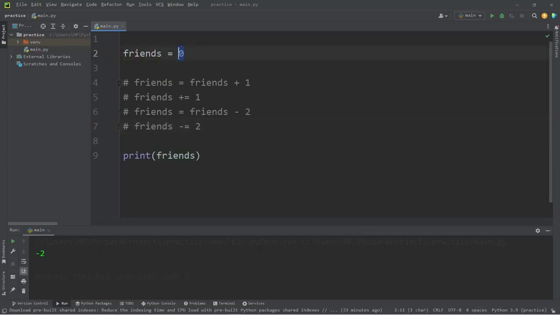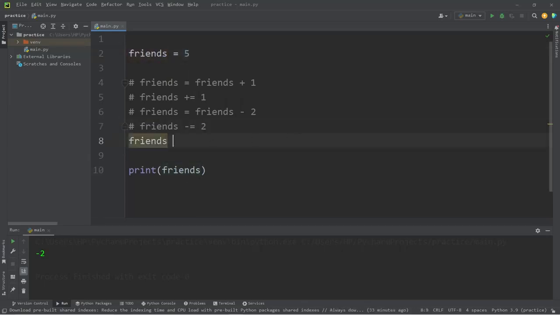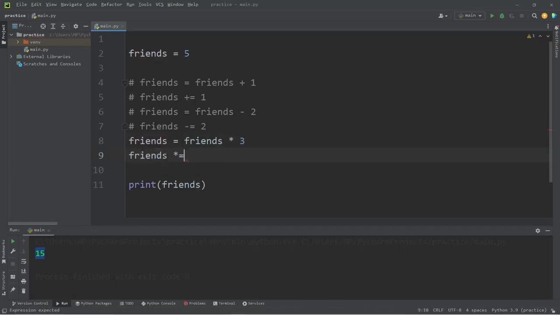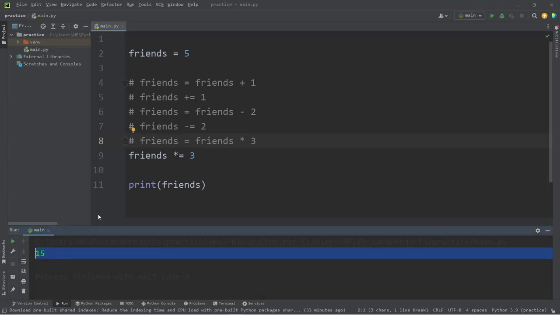Let's change friends to, how about 5? Friends equals friends times 3. You now have 15 friends. Then the augmented assignment operator version of this would be friends times equals 3. So, again, you have 15 friends.